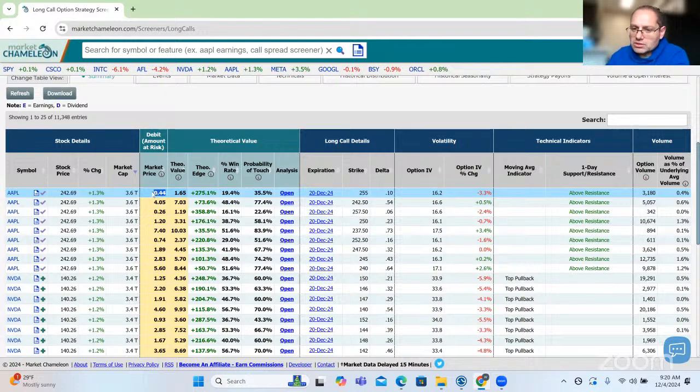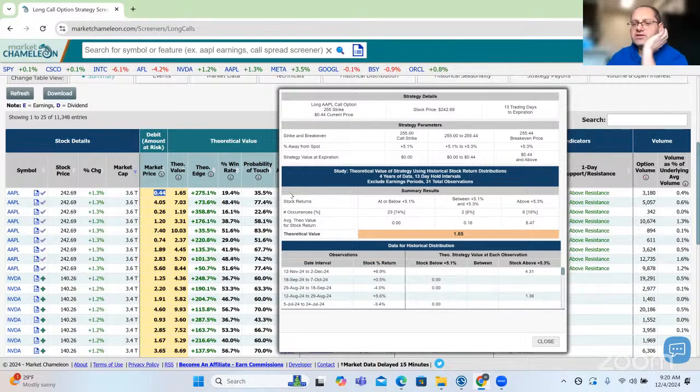Moving along, now that we understand this, if we wanted to see the breakdown of it, we could come over here. This explains how we came up with that 44 cents. This tells you the strategy. This tells you we used 4 years of data, 13-day hold periods.